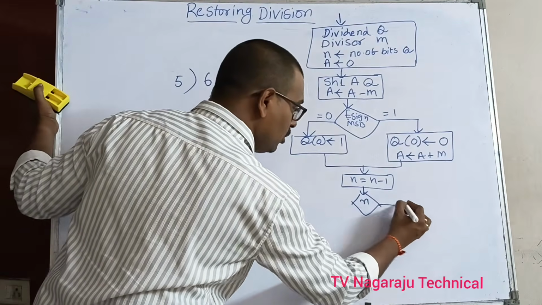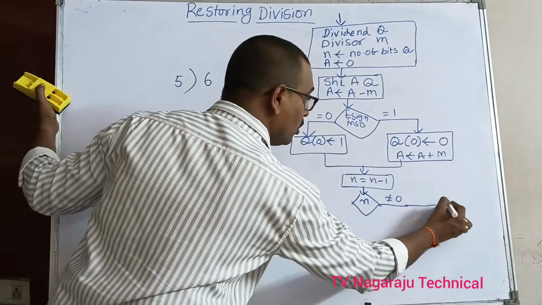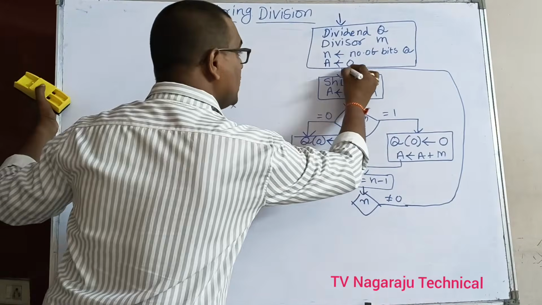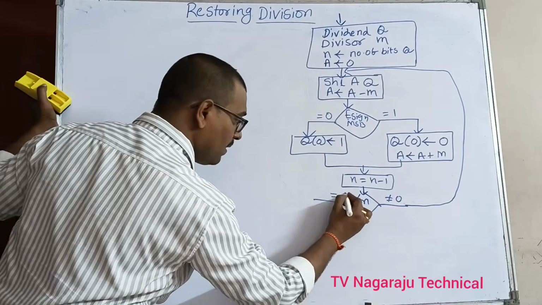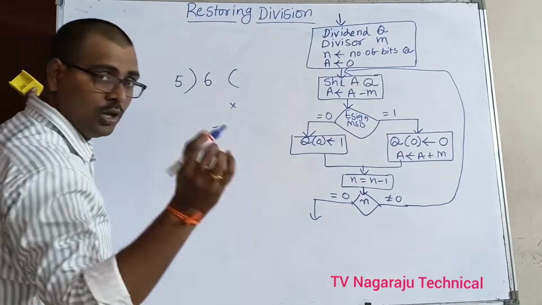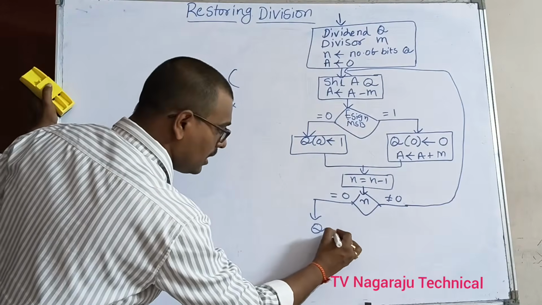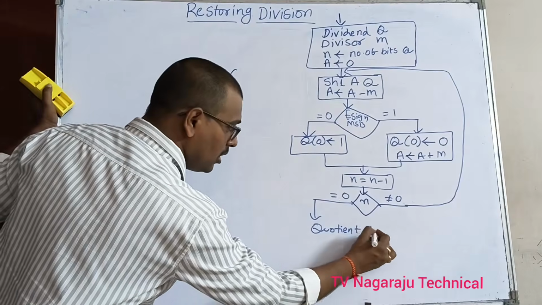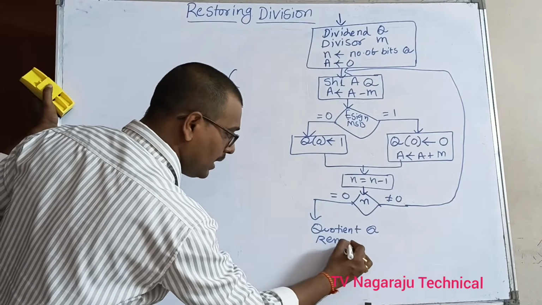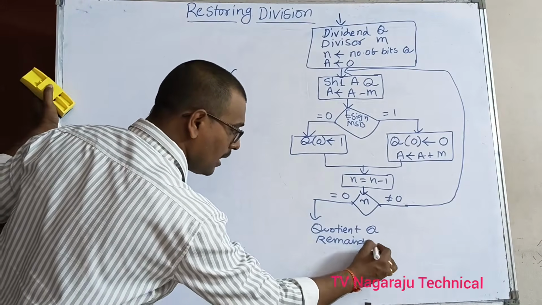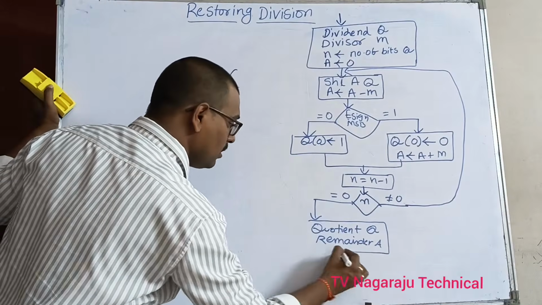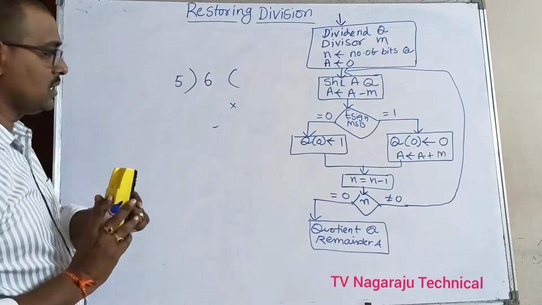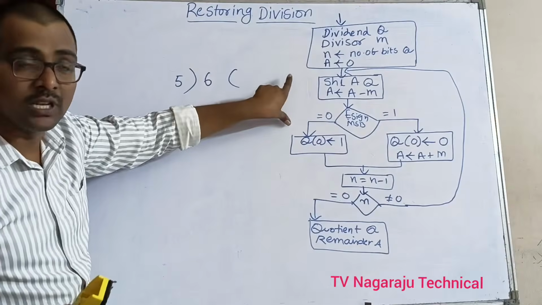If n is not equal to 0, the same process is repeated. Whenever n is equal to 0, stop the process. Finally, the quotient is in Q and the remainder is present in A. This is the end. This is the division algorithm.